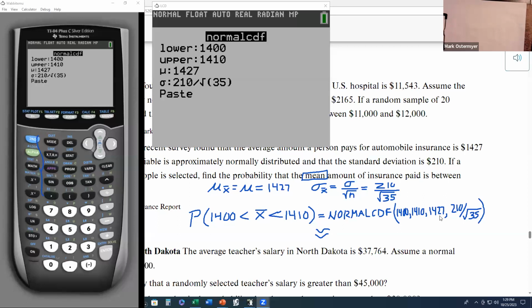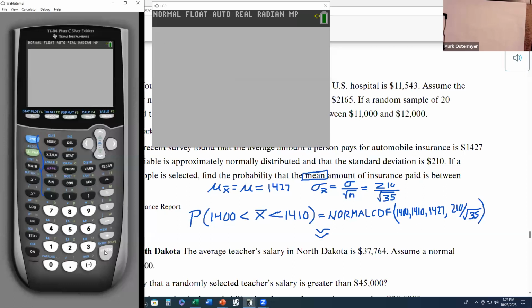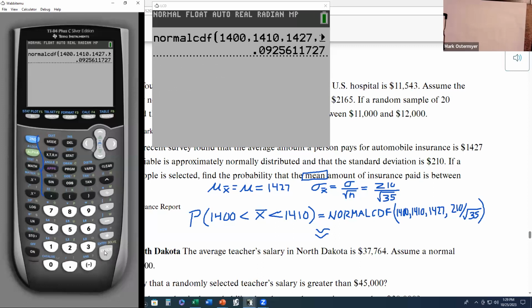The mean of the sampling distribution of sample means will be equal to the mean of the population, which is $1,427. The standard error of the sampling distribution is the standard deviation of the population divided by the square root of 35, 35 being the size of the sample. Plug all that in your normal CDF, and you get a probability of about 0.093.